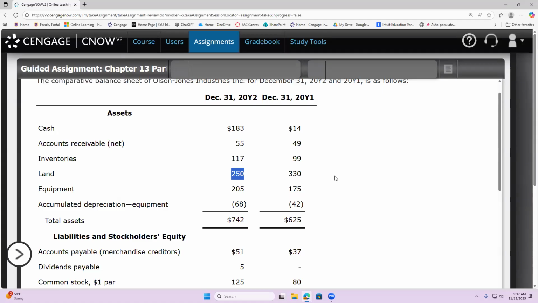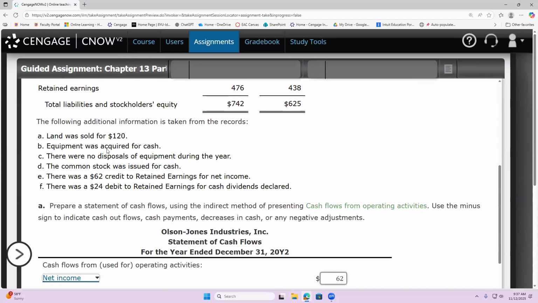And it tells me that I sold it for 120. So the gain on the sale of that land is going to be 40, right? It was land that had a book value of 80 and I sold it for 120.